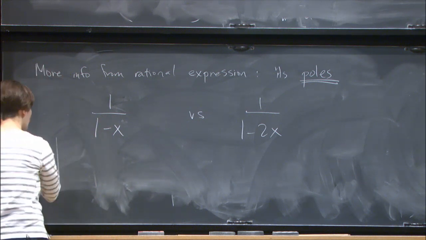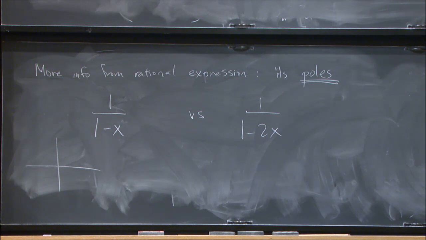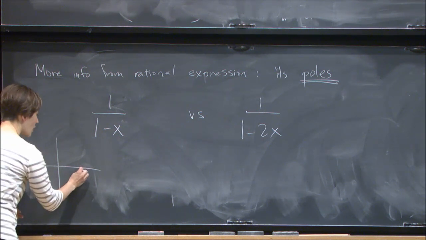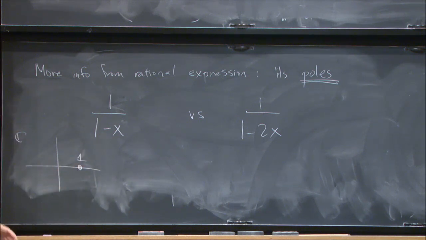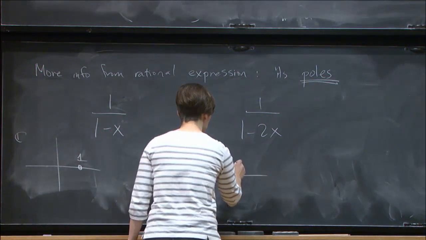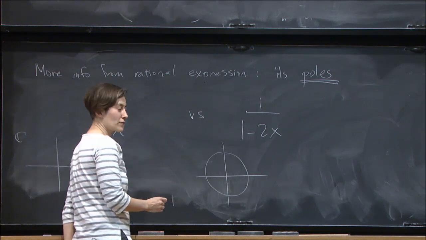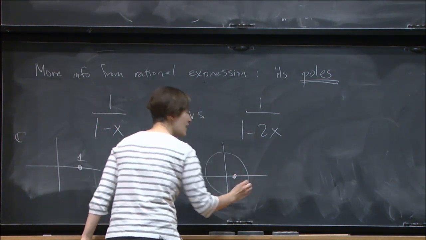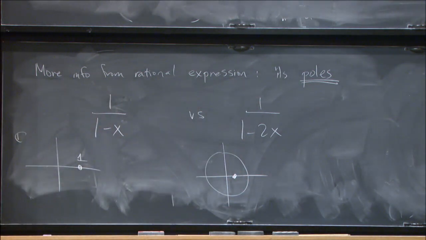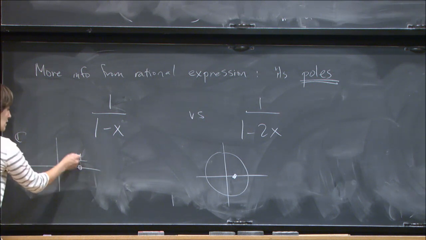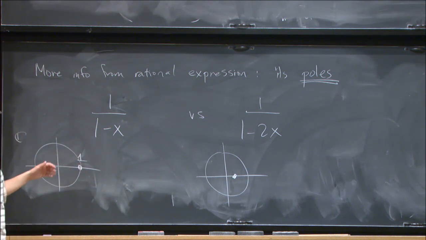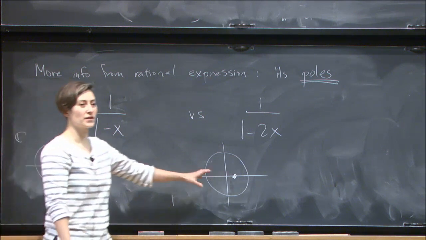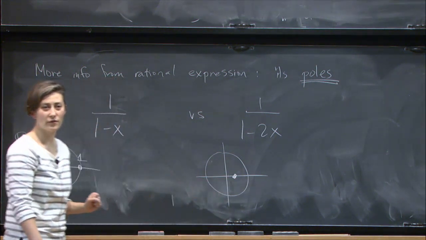If I plot it in the complex plane, here the pole is at 1, and here, with the unit circle sketched for reference, the pole is at 1/2. The claim I want to make in the last couple minutes is that poles on the unit circle and poles inside the unit circle cause very different behavior.